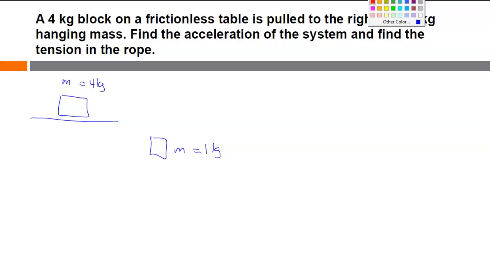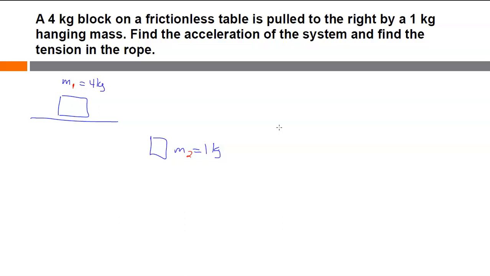If I change color, sometimes it lets me sneak in there. Oh yeah, there we go. All right, mass 2 is 1 kilogram. All right, name these however you want, MA and MB or something like that. But keep them straight. All right, give them separate names if that helps you keep these things separate.